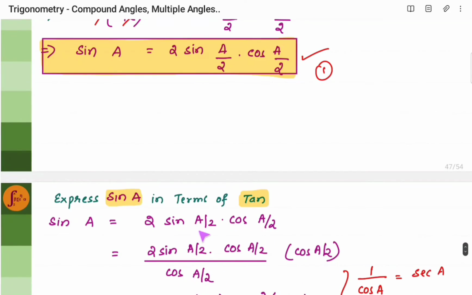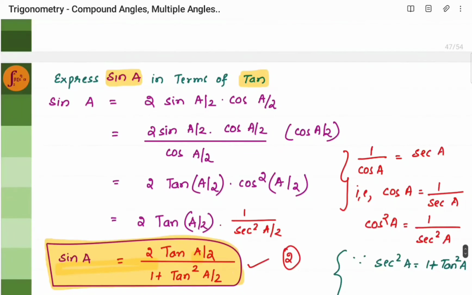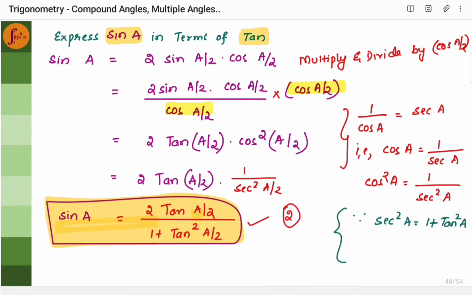This is sin A. Now we'll use the same formula and get it represented in terms of tan. In this entire expression you need tan. You have sine, you have cos. How do you get tan? What is the tan formula? Tan A is sine by cos, correct? Sine A by cos A is tan. Here I have sine.